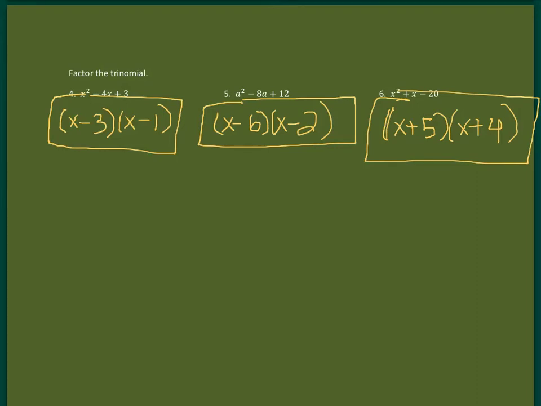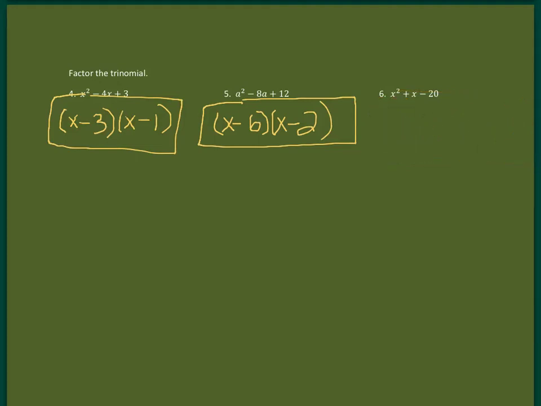Except positive 5, positive 4 multiplies to positive 20 and adds to 9. So what did I do wrong? Well, it multiplies to a negative, so one's got to be positive and the other one's got to be negative. This is where we have to think. We want it to be positive. So positive 5, negative 4. There we go. Okay?